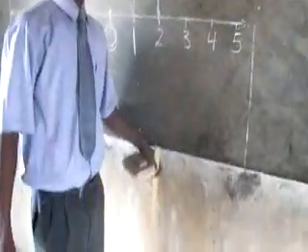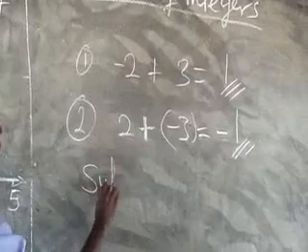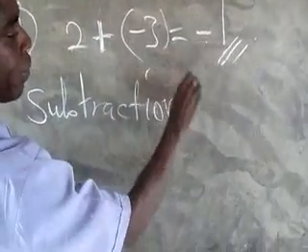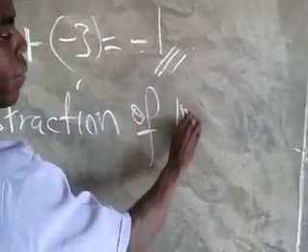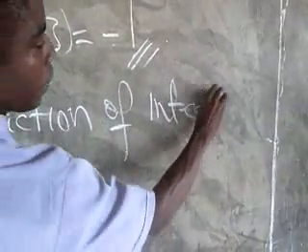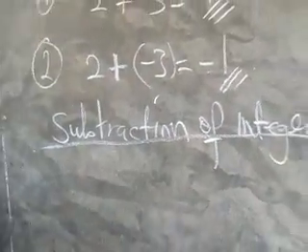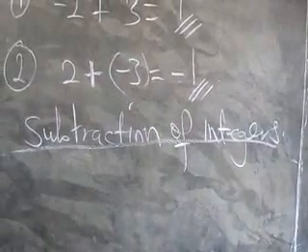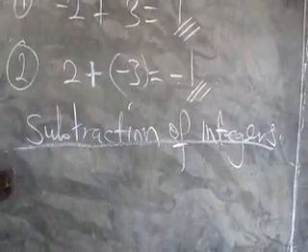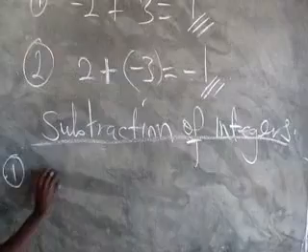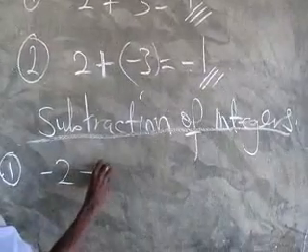Now let us consider subtraction of integers. Now let us use number line to simplify these integers. Let's say example 1. Negative 2 minus negative 3.